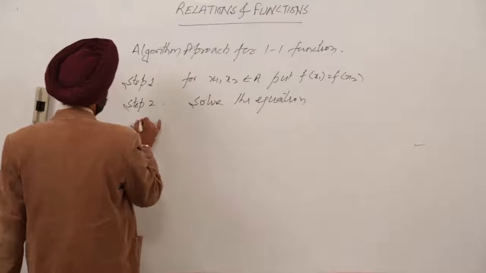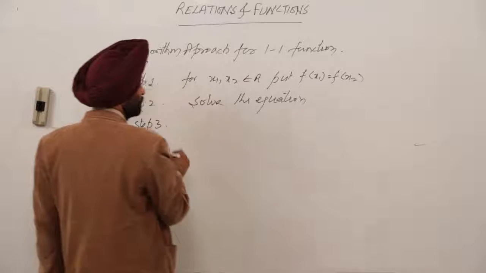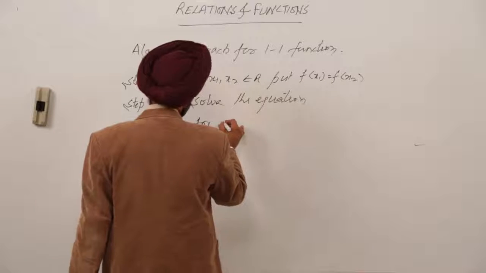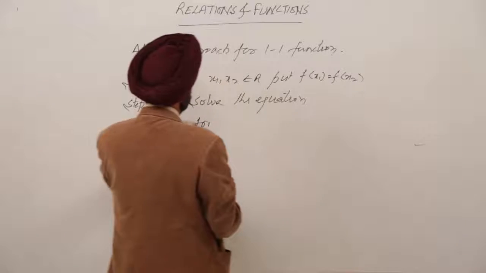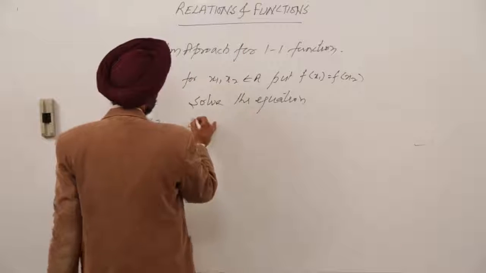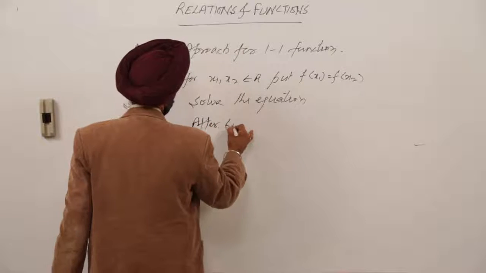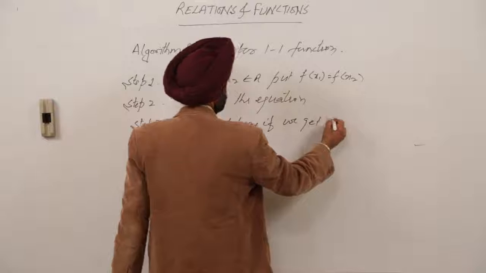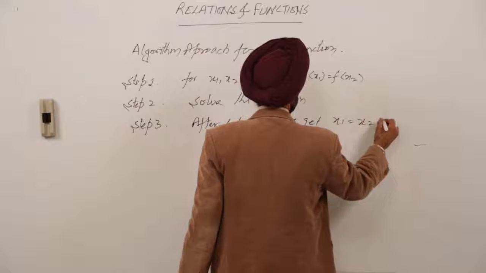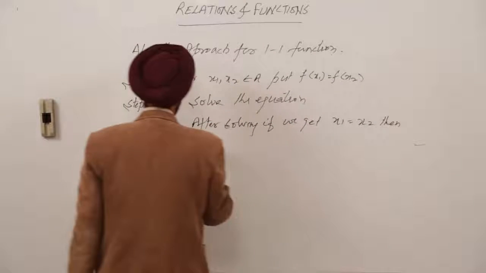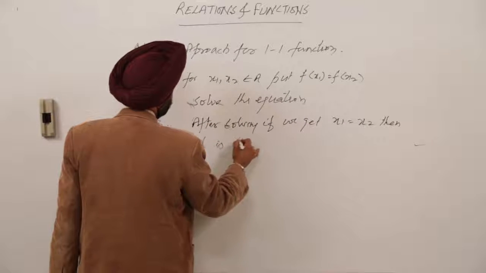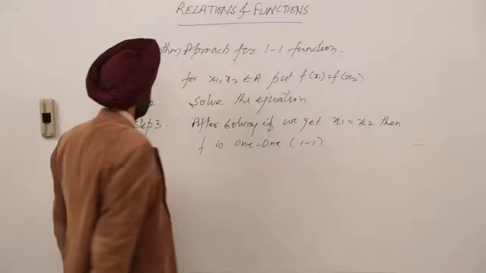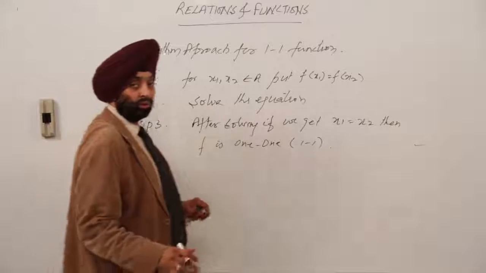And step 3, after solving, if we get x1 is equal to x2, then the function is one-one. You can write it like this also, one-one. Now these are the 3 steps for a one-one function.